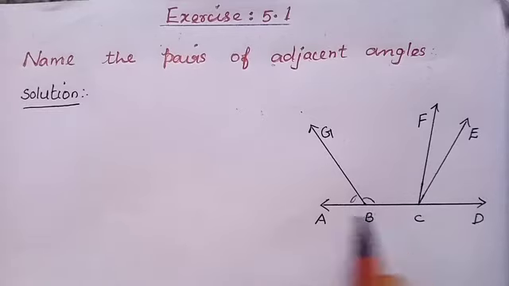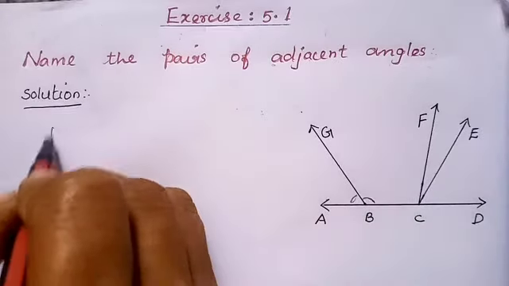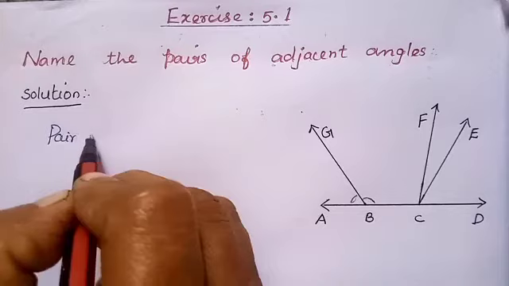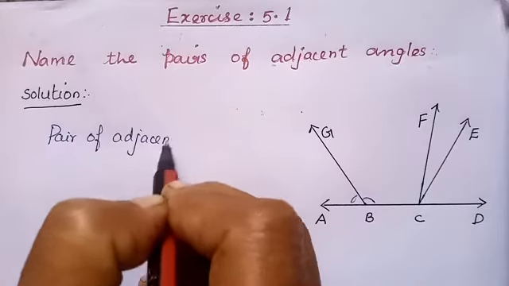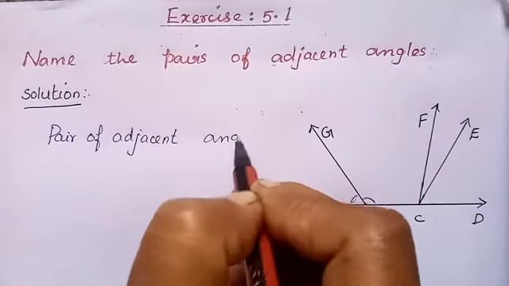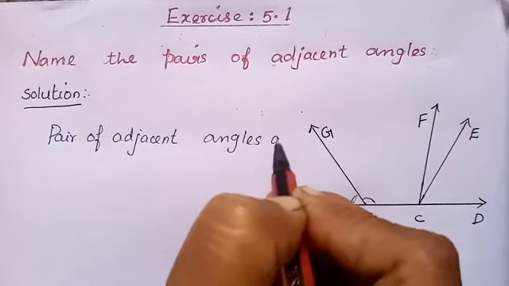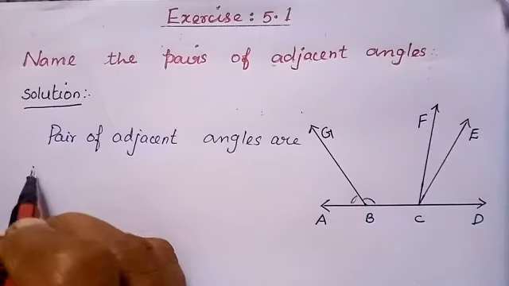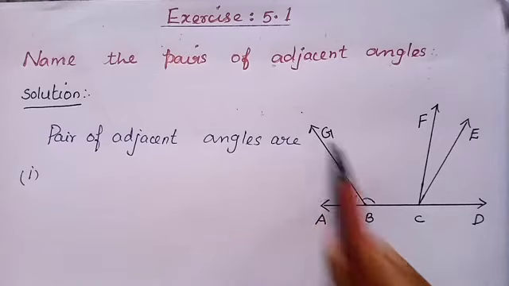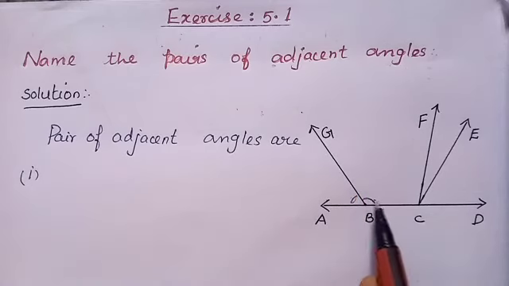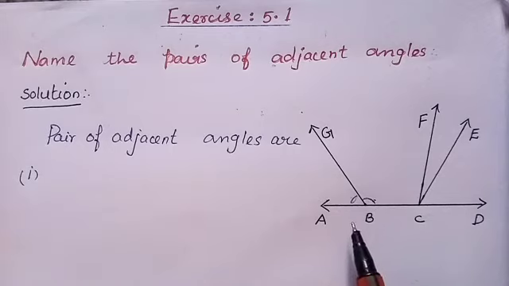So, we can write the pair of adjacent angles are, the first pair we can write ABG and GBC. These two angles are nearby angles. So we can say these two angles are adjacent angles.